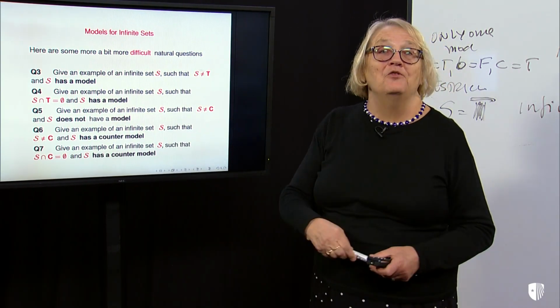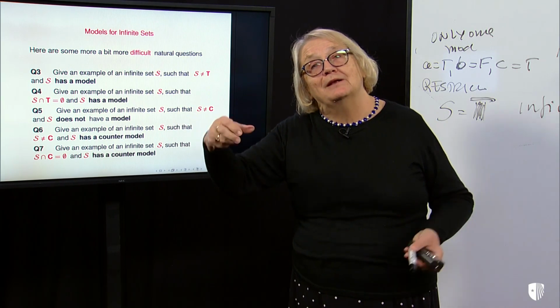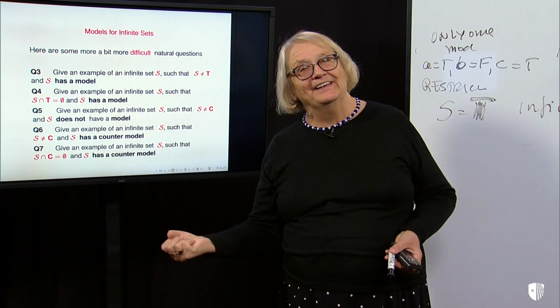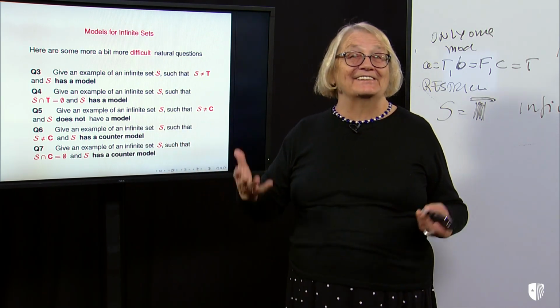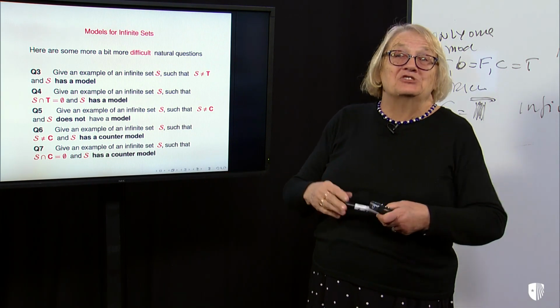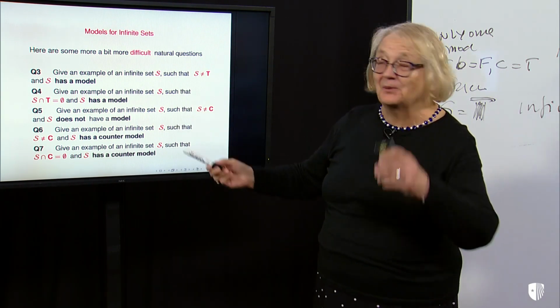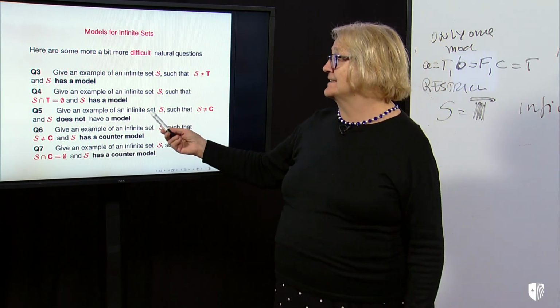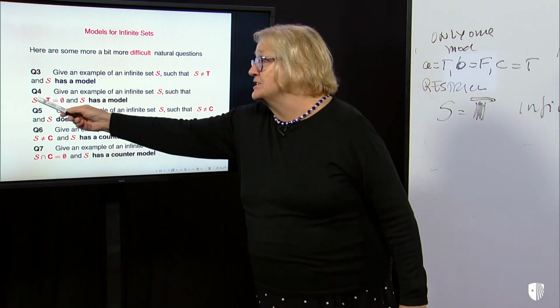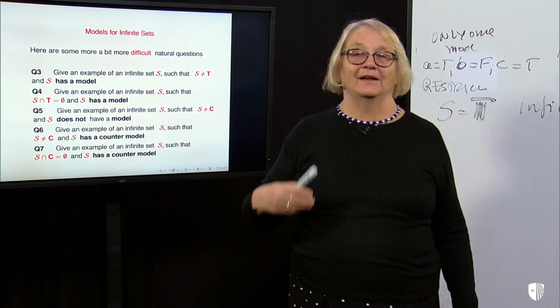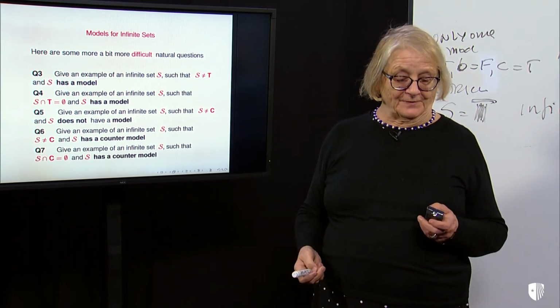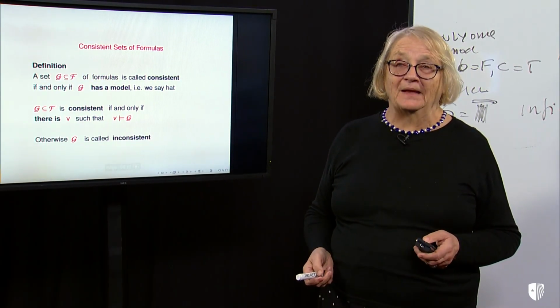That is trivial: not equal to tautology. You can take one tautology out, and you have a set which is infinite, and it's not the same as the tautologies. But then it's a little bit more difficult: give an example of an infinite set which is disjoint with tautologies and has a model, and so on. So this is just for fun.